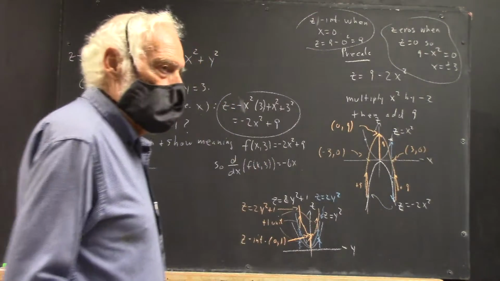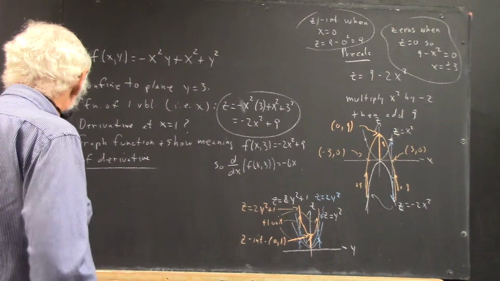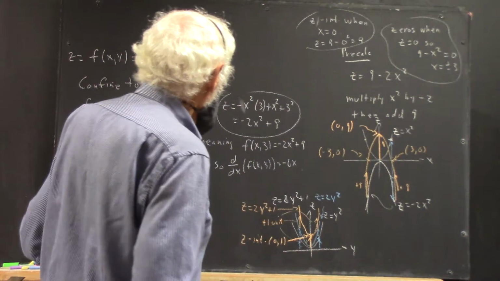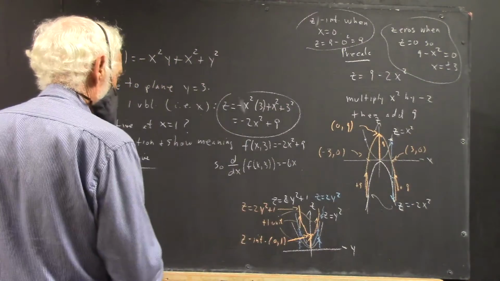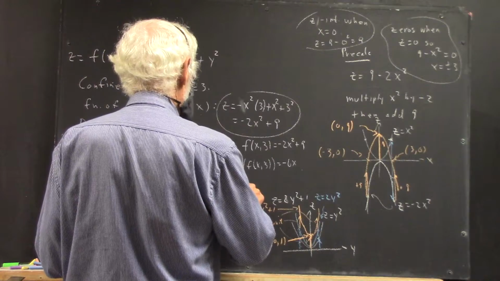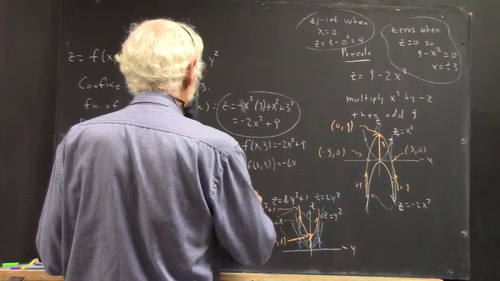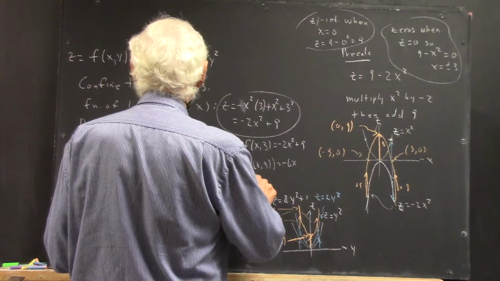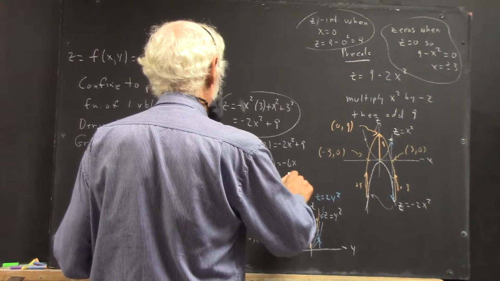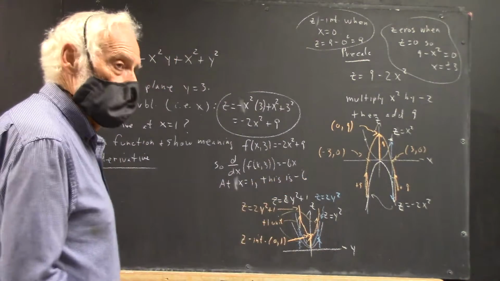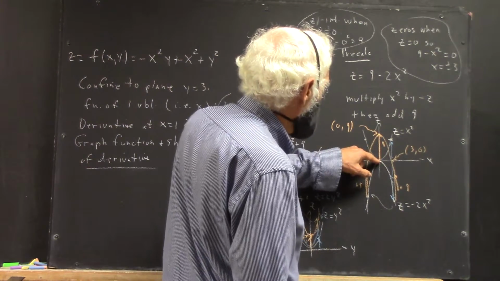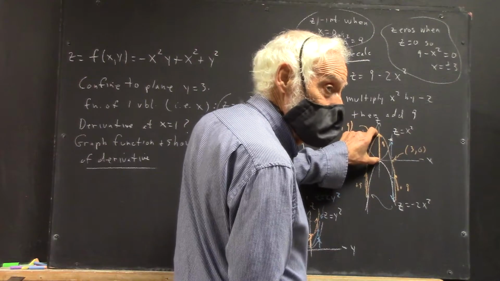How do we represent that on the graph? Well, this graph is getting a little bit cluttered, but at x equals 1, let's see, on this graph, here's 9, right?